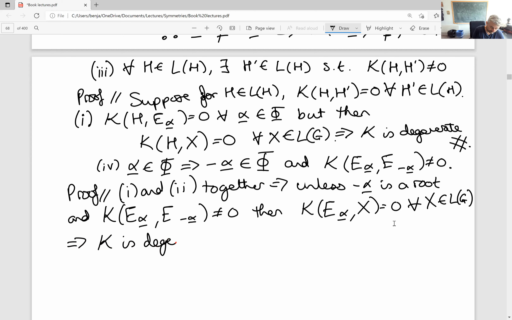And again, we've reached the same contradiction, because we're looking at cases where the killing form is non-degenerate, simple groups.